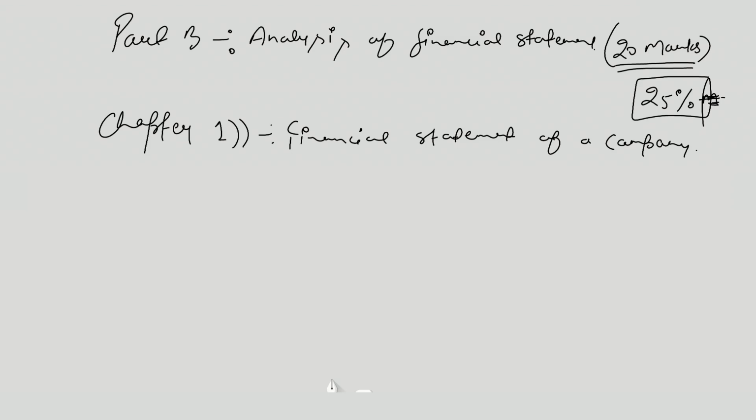So the format of preparing the profit and loss account and balance sheet is vertical in the case of companies, but while preparing the financial statements for a sole proprietorship and partnership, we prepare them on a horizontal basis. So in this unit, we have to learn the new format of financial statements as per the Companies Act 2013.